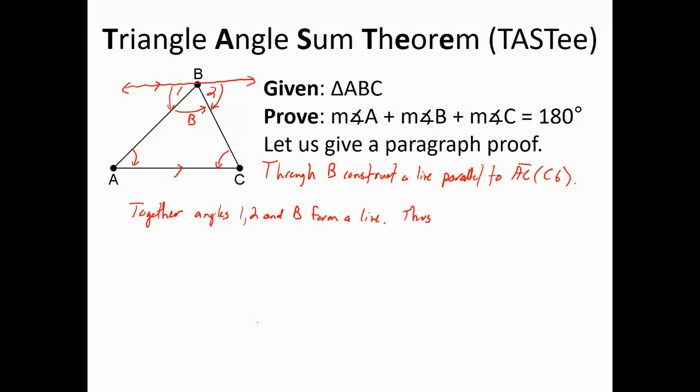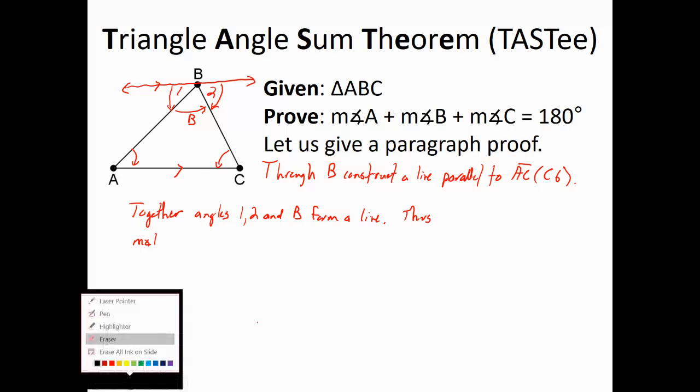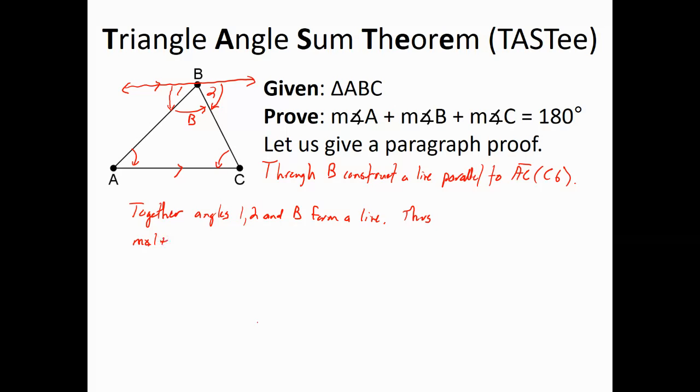And thus it follows that the measure of 1 plus the measure of B plus the measure of 2 is equal to 180 degrees.